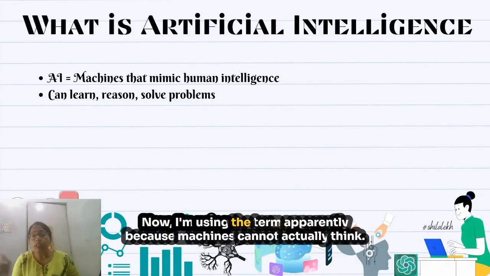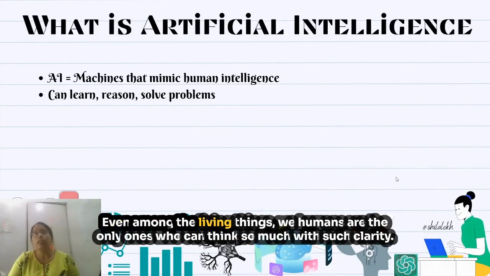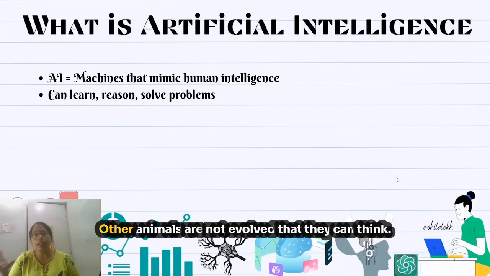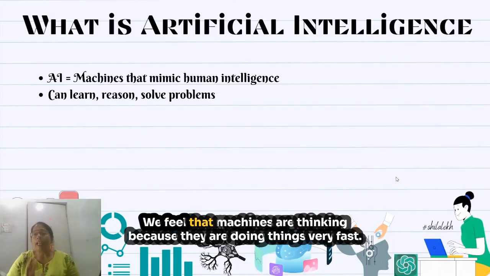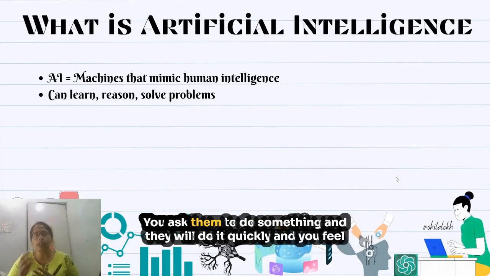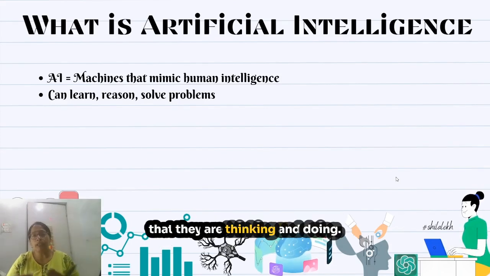Now, I am using the term apparently because machines cannot actually think. Even among the living things, we humans are the only ones who can think so much with such clarity. Other animals are not evolved that they can think. We feel that machines are thinking because they are doing things very fast. You ask them to do something and they will do it quickly, and you feel that they are thinking and doing.